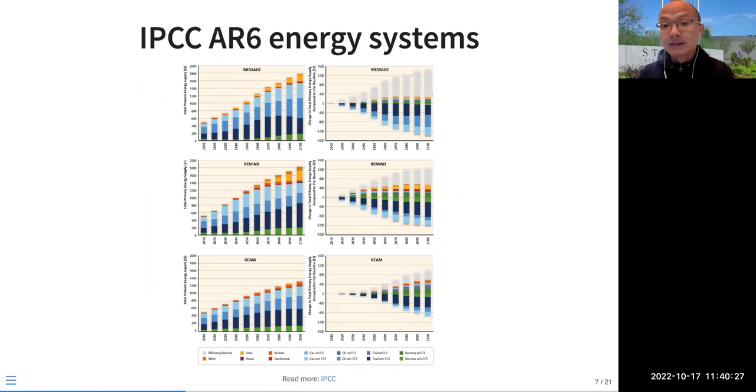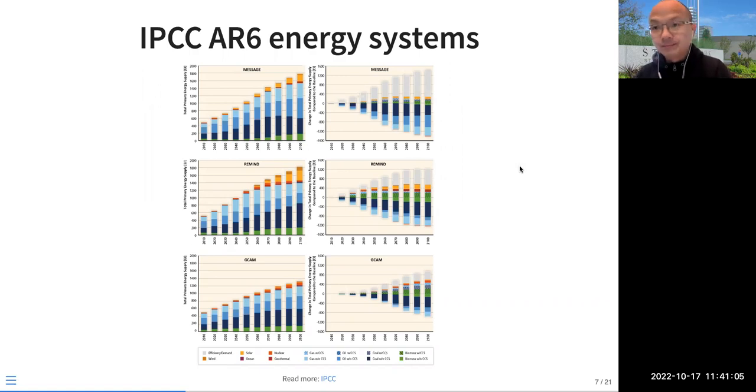As we can see here, we need a lot more energy efficiency to reduce the demand. Each model produces slightly different results, but as you can see, the elements are quite similar: increase the scale of solar and CCS, and reduce the need for coal, biomass, oil, and gas.